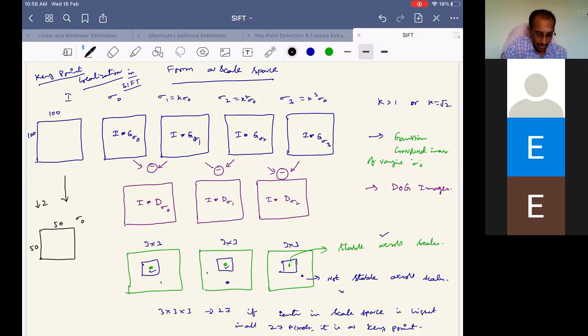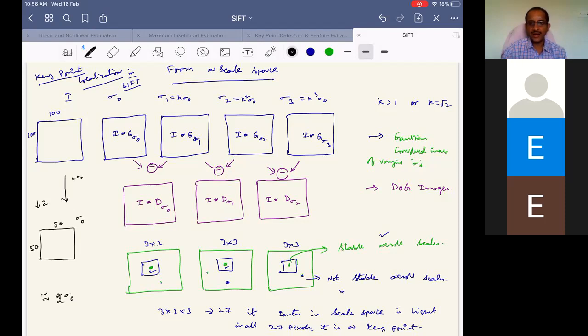It is equivalent to convolving at the higher resolution with, okay, 4 times sigma naught. Is it not? It is equivalent to some 2 times at least, 2 times sigma naught. Because this sigma naught in this resolution is equal to convolving with 2 times sigma naught there.